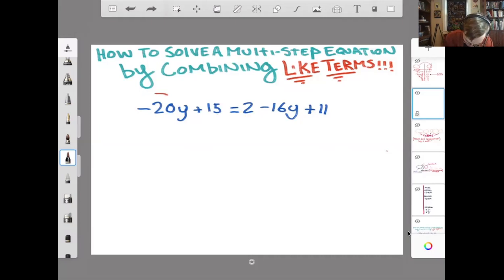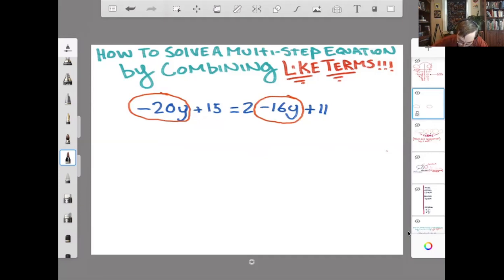So in this case, we have negative 20y. Look at the problem. Do you see any other terms in the problem that look like negative 20y? What you should be seeing is this negative 16y in here. Why is it the same? Because it has the variable y next to the coefficient negative 20 and next to the coefficient negative 16. So now that we know that, we can combine these two.